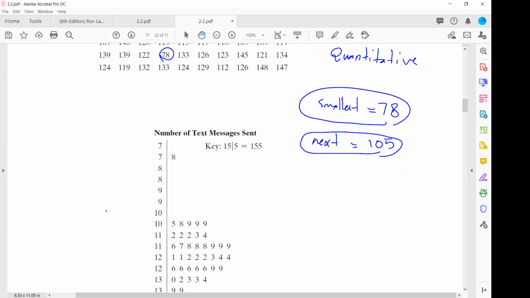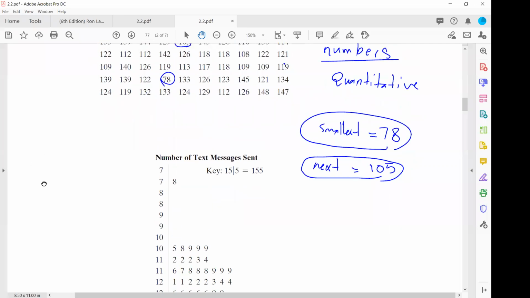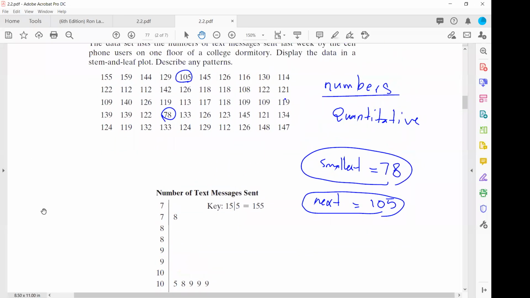Next number, using the order that we have here: 109. Do I have anything smaller than 109? Yes, I have 108. Next number is 108.